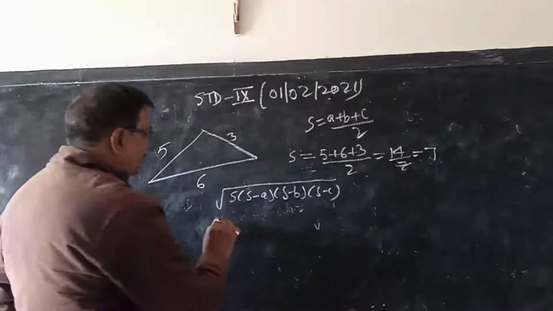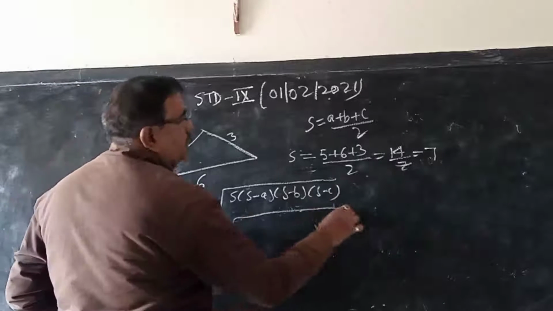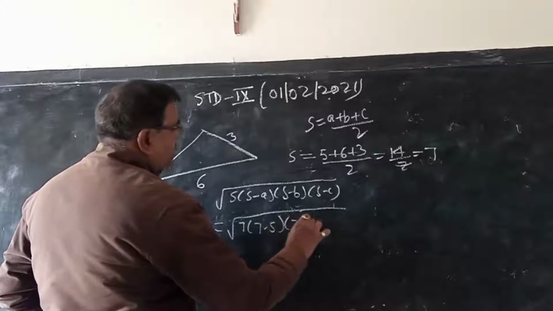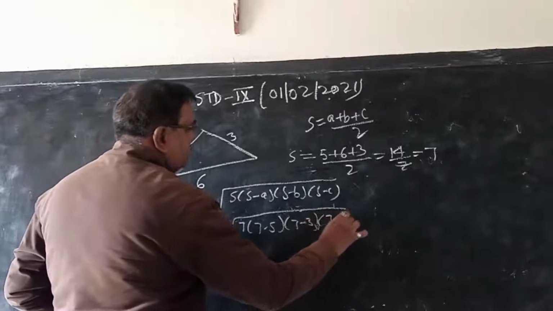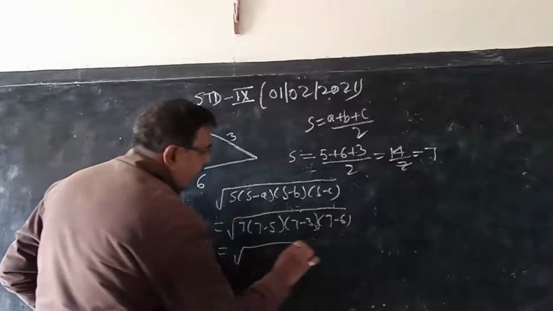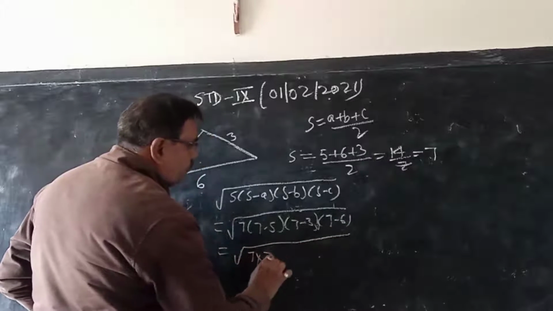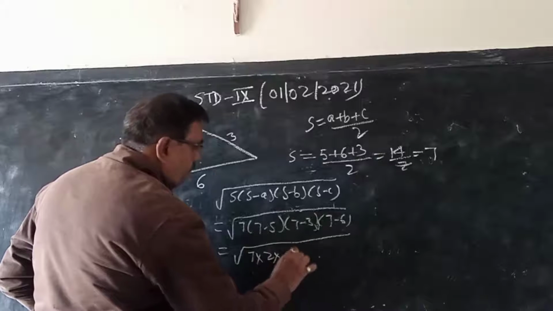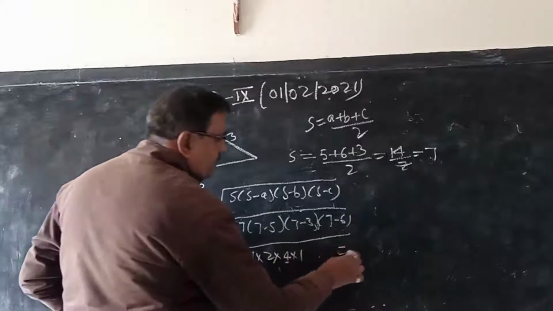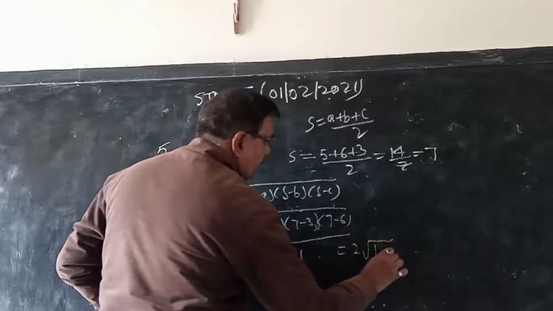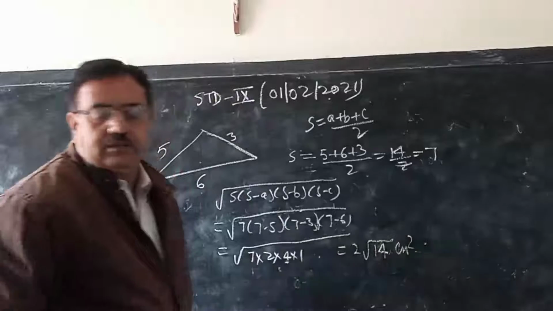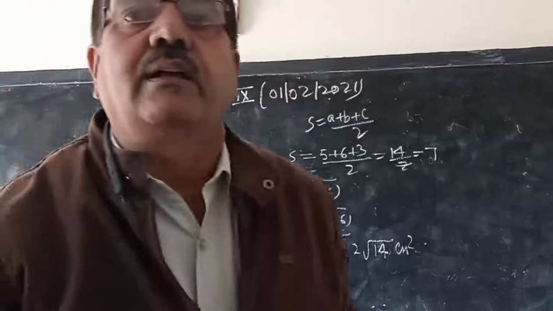Put the given values. S is 7, 7 minus 5, 7 minus 3, 7 minus 6. The values are 7, 2, 4, 1. Only 4 is a perfect square. So the answer is 2 root 14 centimeter square. This is the area of the scalene triangle.